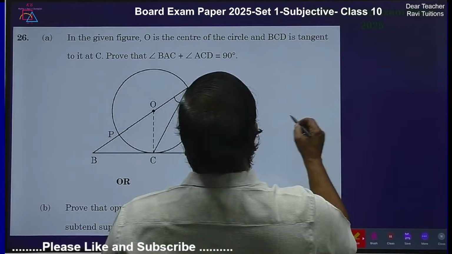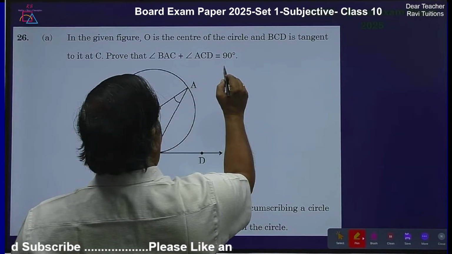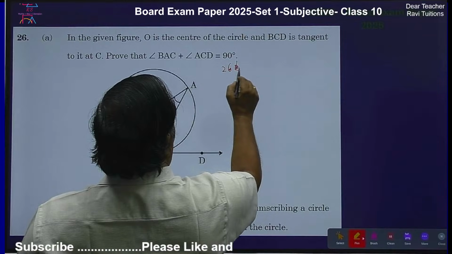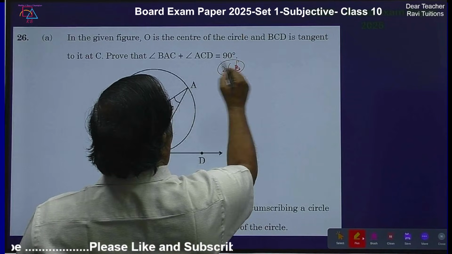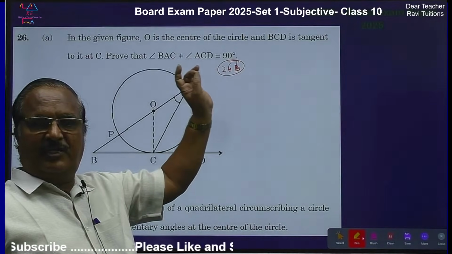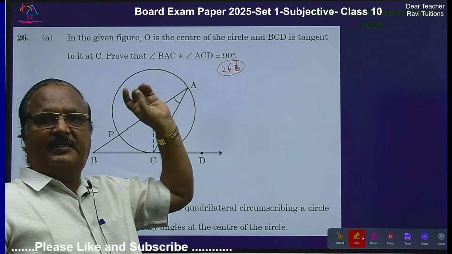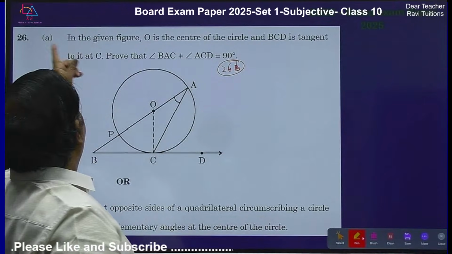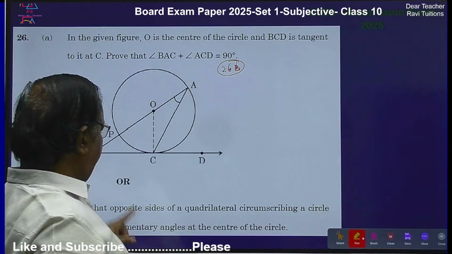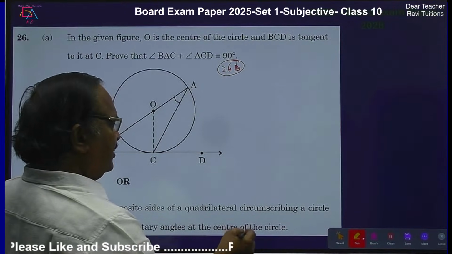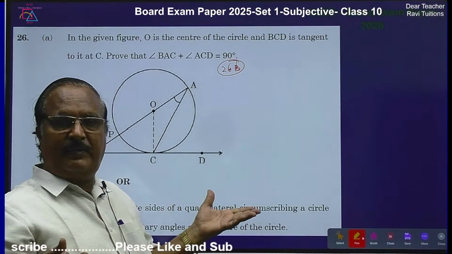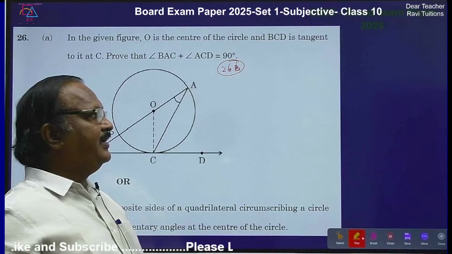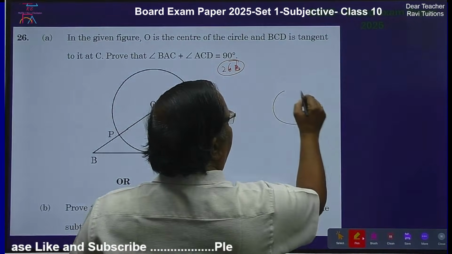Let me draw here only. 26b, please don't forget to write the question number. Writing the question number is very, very important, right? I am doing 26b. So a quadrilateral is outside, circumscribing means quadrilateral is outside and the circle is inside. So now I am drawing just like this.